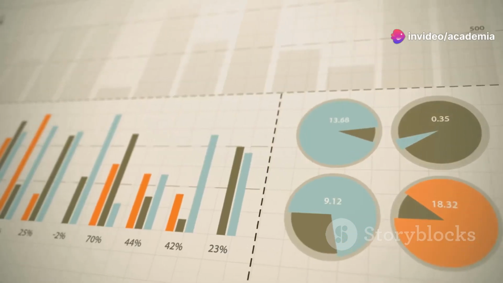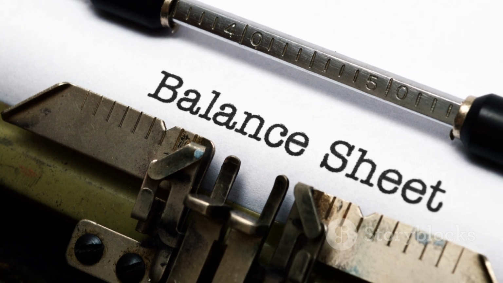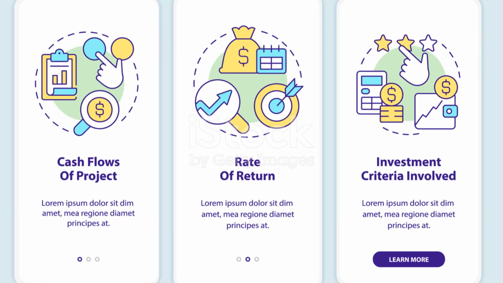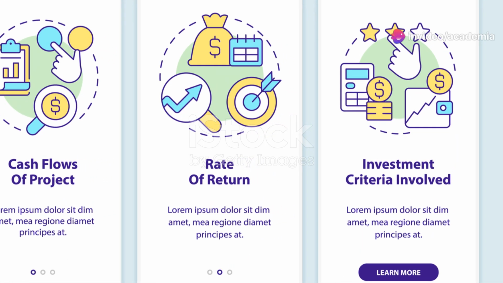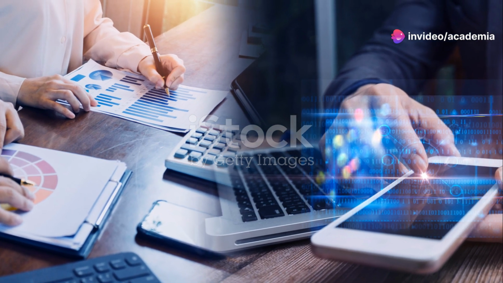In simple terms, these statements tell us if a company is making money, how much it is keeping, what it owns versus what it owes, and how it spends and receives cash. Grasping the basics of these financial statements can demystify financial data and make it accessible to beginners.